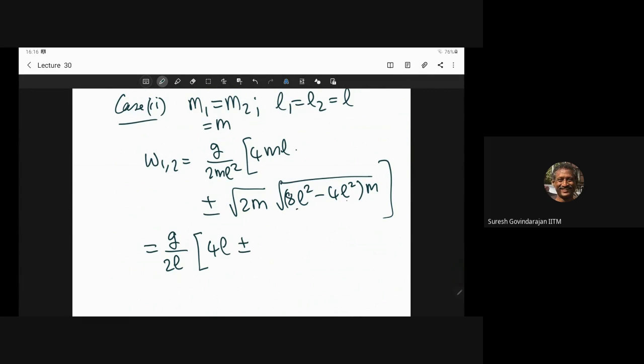So 8L square minus 4L square is 4L square, which becomes 2L. This one is equal, so it's 2, 2, 2. Then this M should go away.